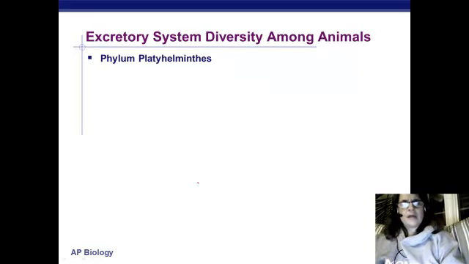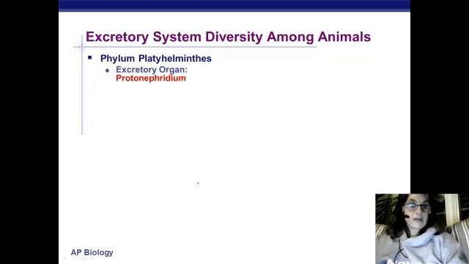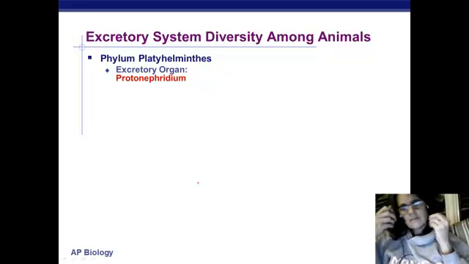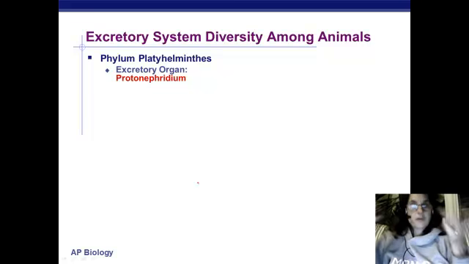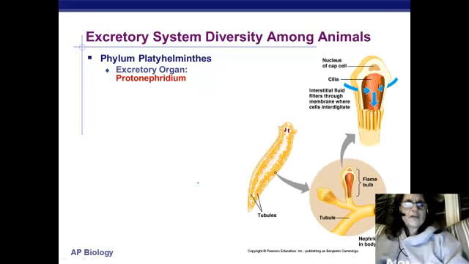Now, as I said, phylum Platyhelminthes, the flatworms, is the place where we first start to see some development of something that you could begin to call an excretory organ. Okay, even though they don't have real fancy organs, remember they don't have a body cavity, we do see something referred to as a proto, meaning first, nephridium.